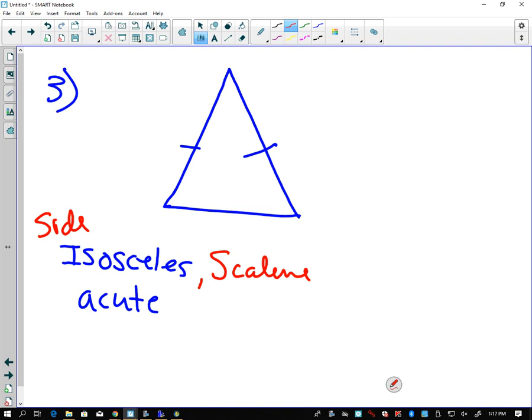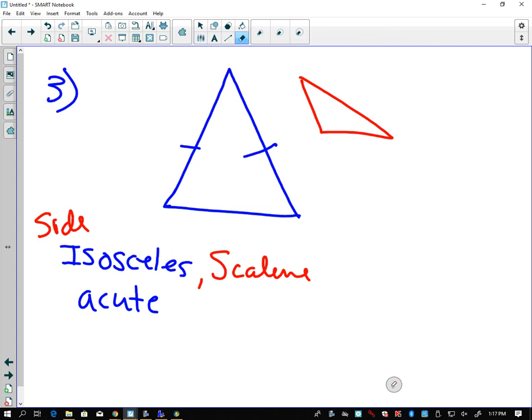No equal sides. So we can get different types of scalene. We can get acute scalene, obtuse scalene, we can even get right scalene. Although we typically see scalene as something like that, obtuse scalene is the most popular. Don't think that we can't get scalene in different types of angle scenarios.